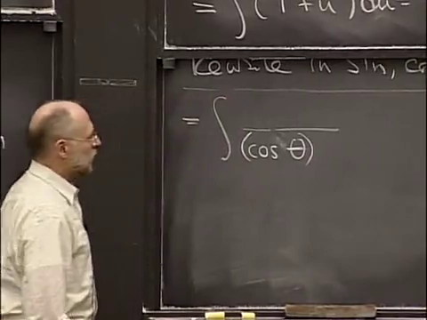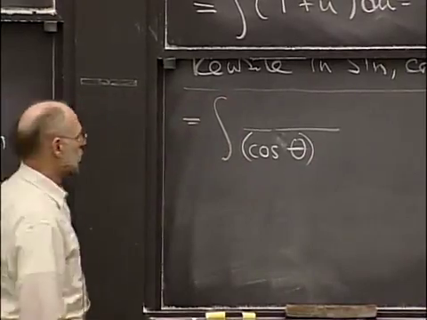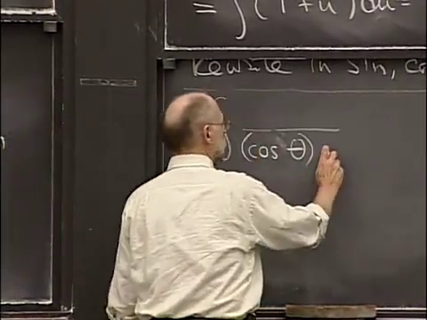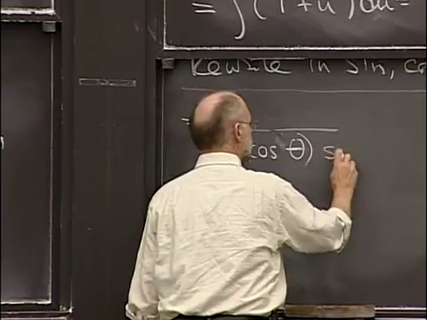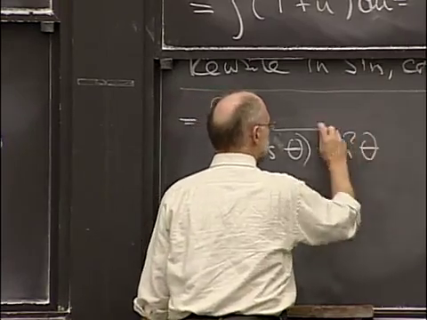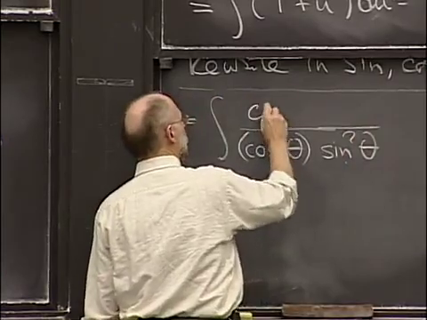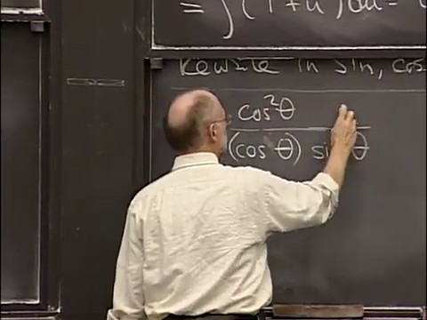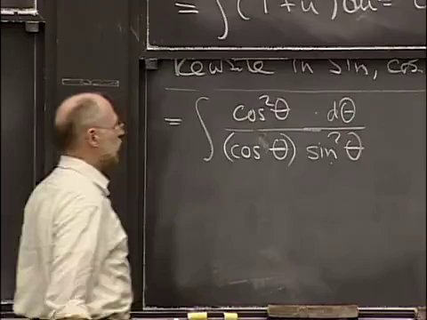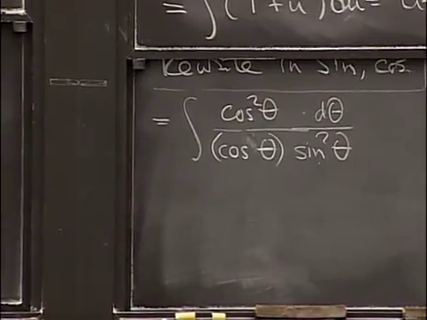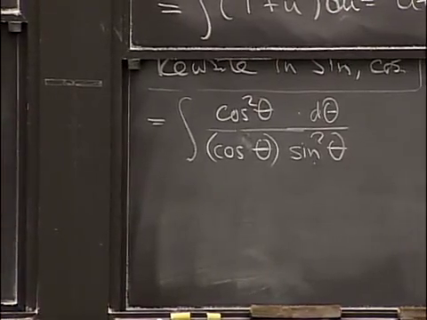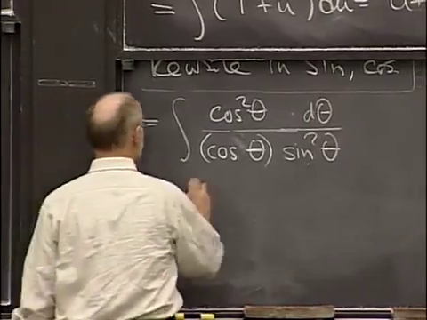It's still pretty complicated, secant over tangent squared, who knows? Well, we'll find out, because the tangent is sine over cosine, so I should put a sine squared where the tangent was, and a cosine squared up there. And I still have d theta. And now you see some more cancellation occurs. That's the virtue of writing things out in this way.